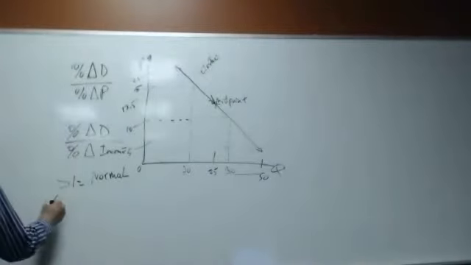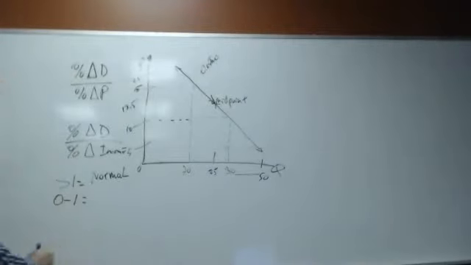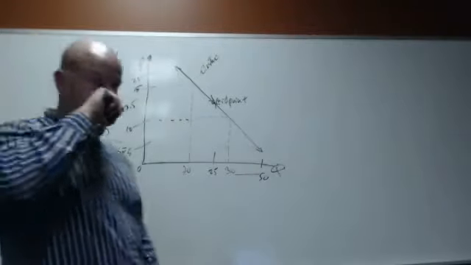If the income elasticity of demand is between 0 and 1, how do we interpret that?